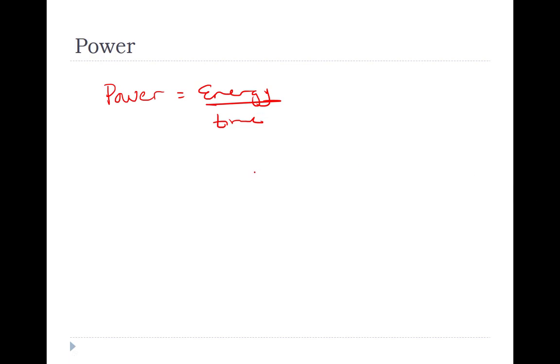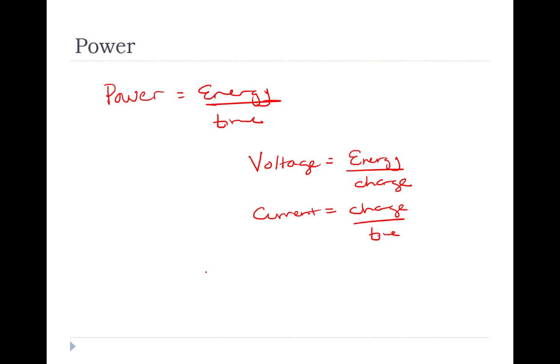So I'm going to remind you that voltage was by definition electric potential energy divided by a factor of charge, and current is charge per time. So if I take voltage and multiply by current, I divide by charge, I multiply by charge, and I'm left with energy per time. So I can write that power equals current times voltage.